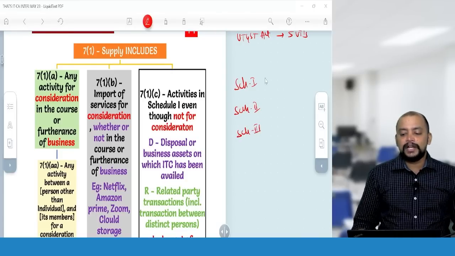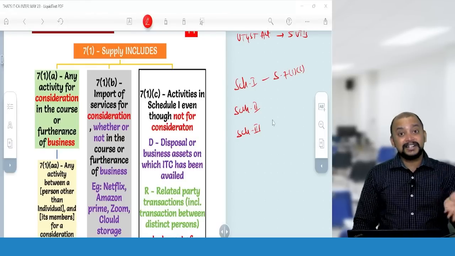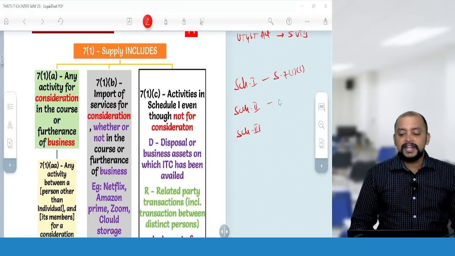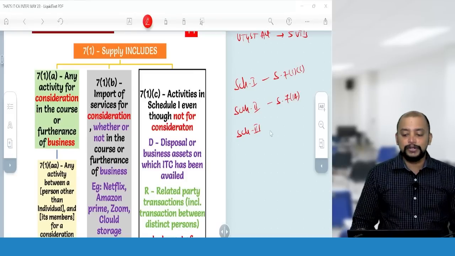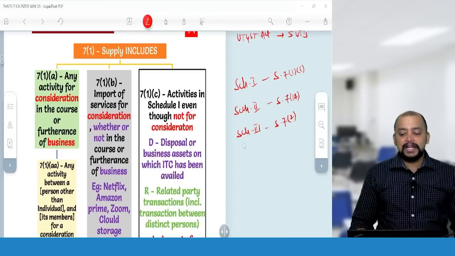Schedule 1 is for 7.1c, that is, the activities which are treated as supply even without consideration. Whereas section 7 subsection 1A, classification of supply into goods or services, is given in schedule 2. Whereas section 7 subsection 2, exclusions from supply, is given in schedule 3. So this we need to remember.